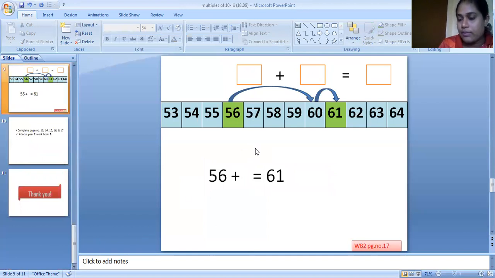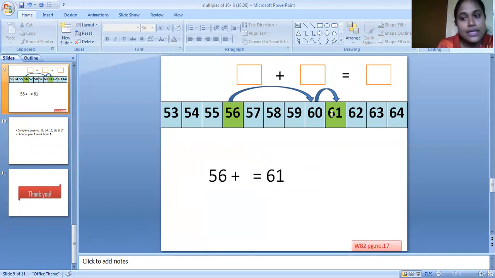My last example for today. This is also there on page number 17 and we have a number line from 53 to 64. And in the sum they have given 56 plus blank is equal to 61. So I will mark all the given numbers on my number line, 56 and 61.